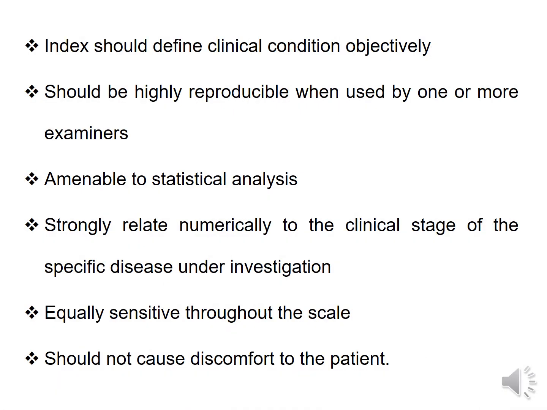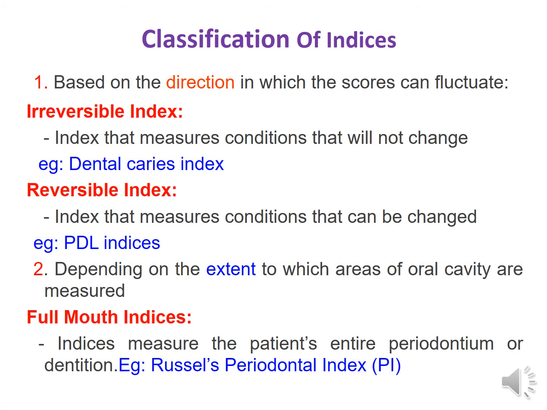An index should define clinical condition objectively. It should be highly reproducible when used by one or more examiners, amenable to statistical analysis, strongly related numerically to the clinical stage of the specific disease under investigation, equally sensitive throughout the scale, and should not cause discomfort to the patient.